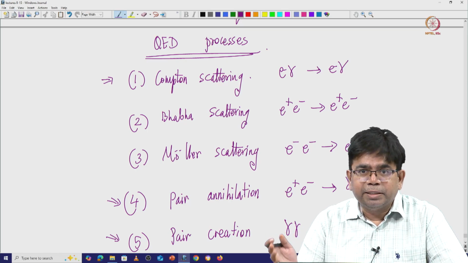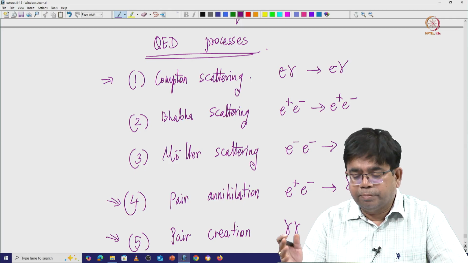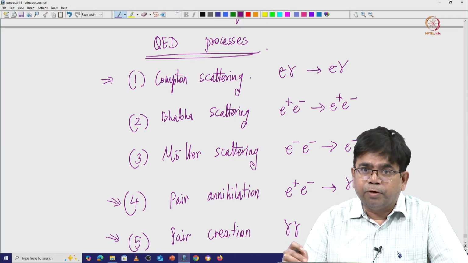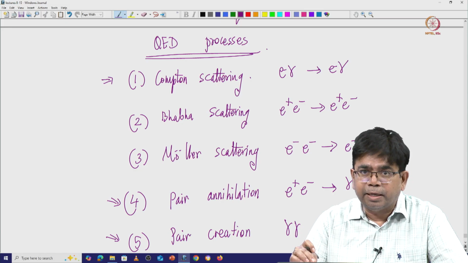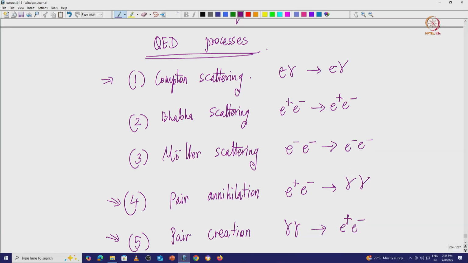Okay. We will do one example of that today, in the course, but if you take a process with a photon in the external line, like Compton scattering, pair annihilation, pair creation, in all these processes the photon field is dynamic.